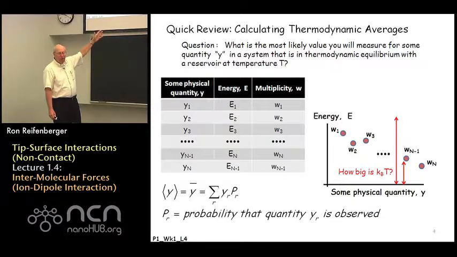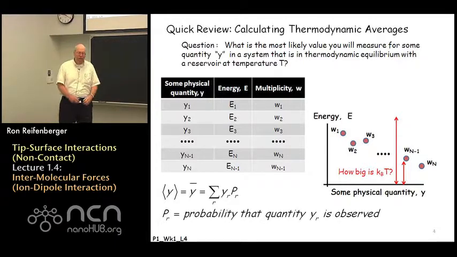So each quantity Y is associated with some energy E. And then it's also possible that each state of the system is characterized by some multiplicity, some weight, which we call W. And this weighting factor could be unity in a real simple case for every possible value of Y, or this weighting factor W could vary in some complicated way depending on the nature of the system.